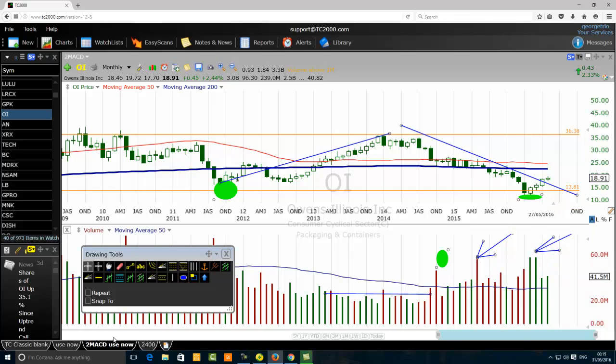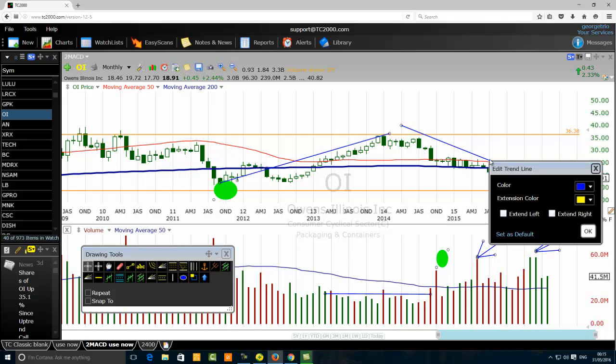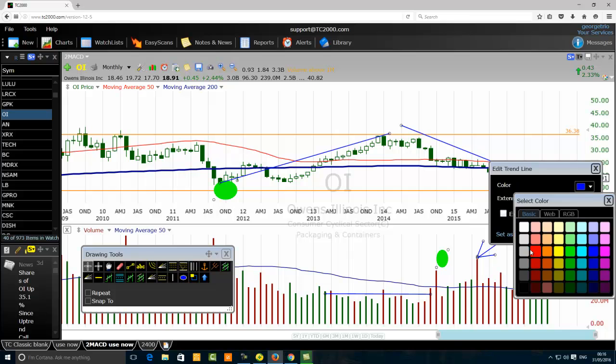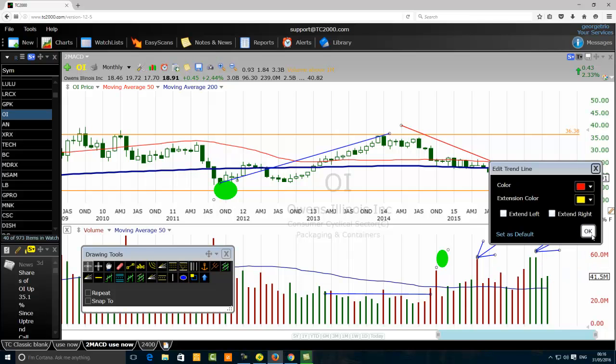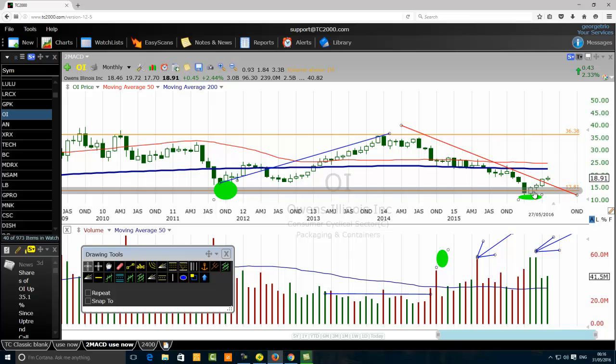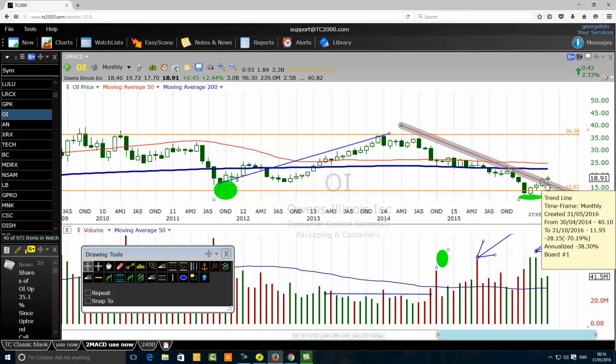One more time, we can see also that the price, after that surge in trading volume, has in fact broken above this bearish trend line. So not only did the price not display a new lower low, the price also breaks above this red bearish trend line.